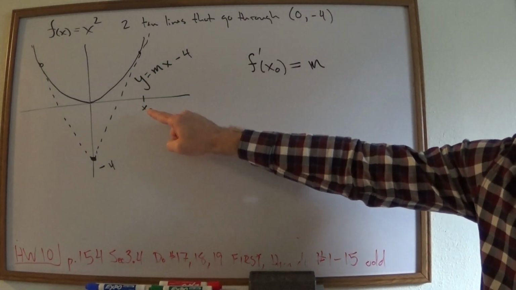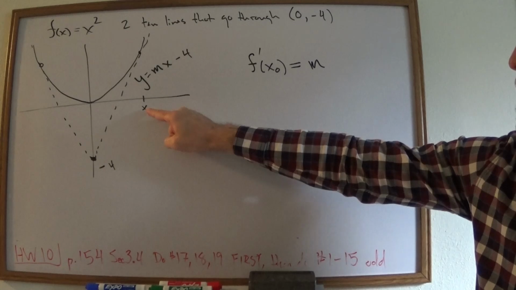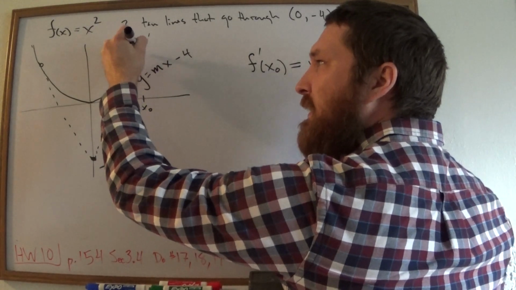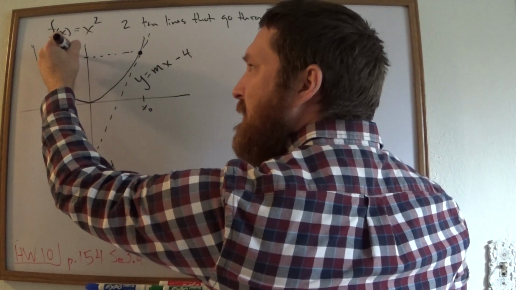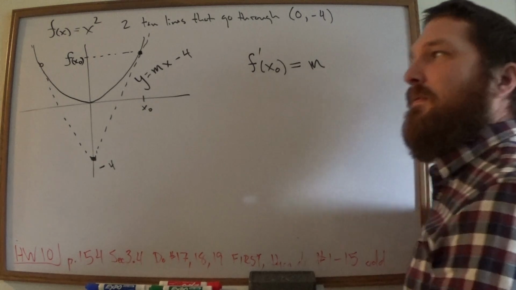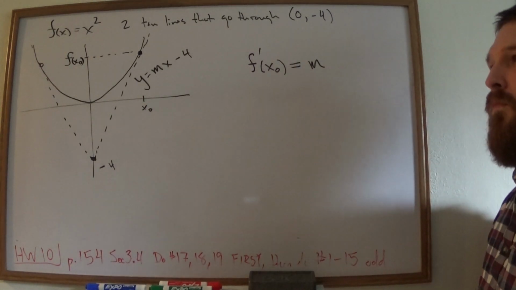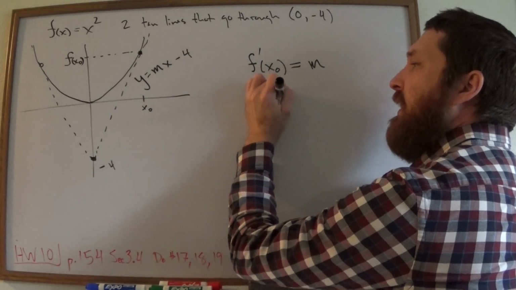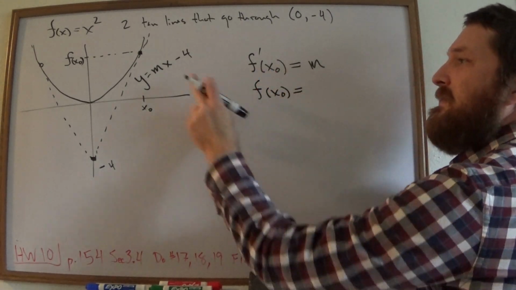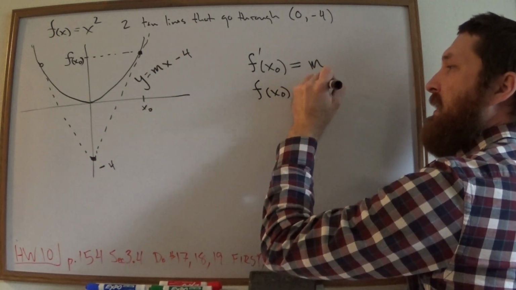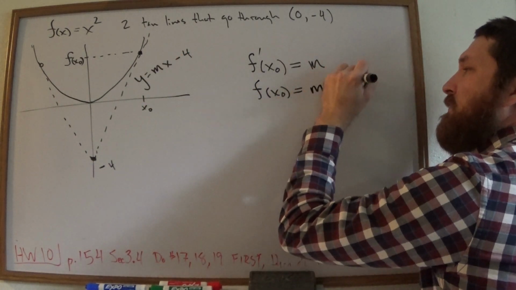And when I plug x0 into this line, it should give me the same thing as the actual value of the function itself. So f of x0 has to be the same thing as when I plug it in here, which should be m x0 minus 4.